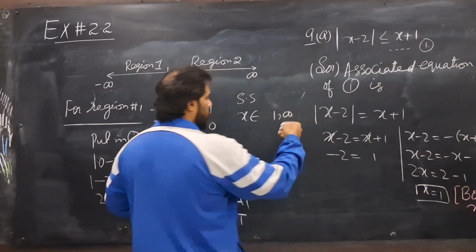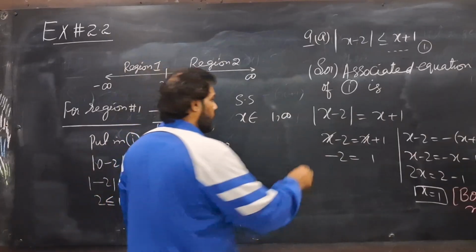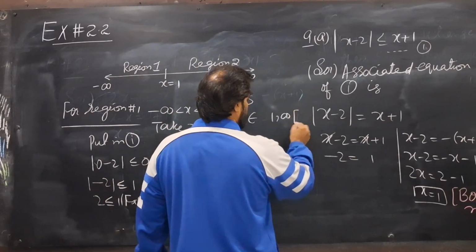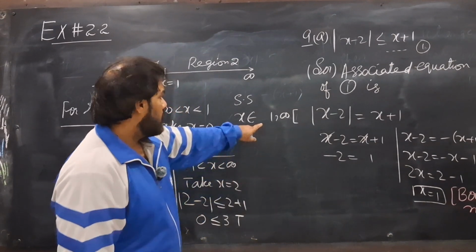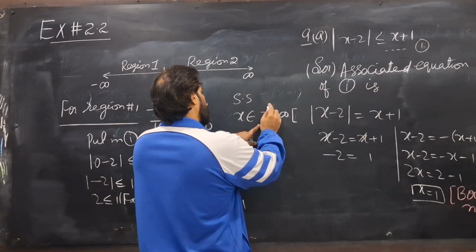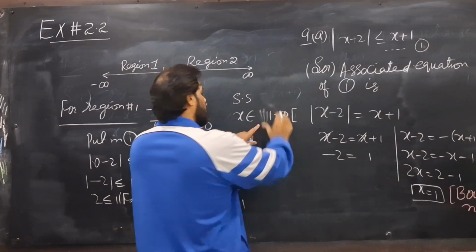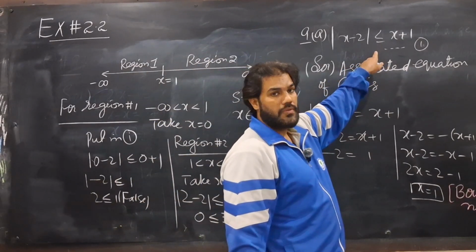You know, from the infinity side, we cannot close the bracket. So this is open. Either it will be open or it will be closed, this depends on the sign of inequality number 1.